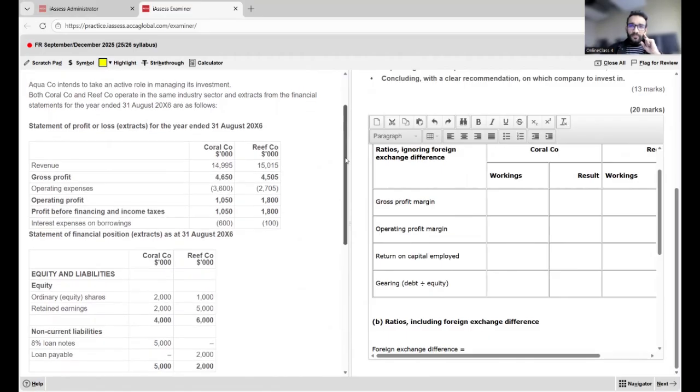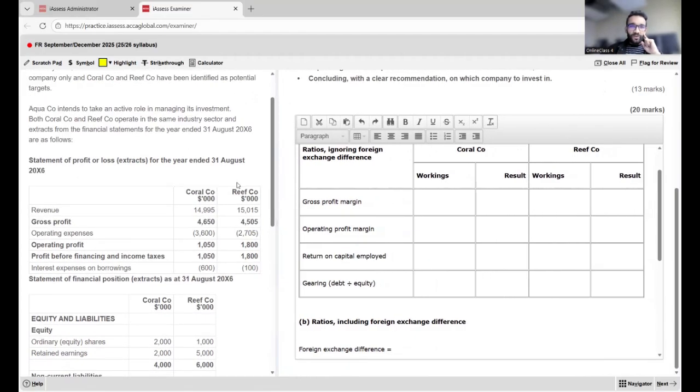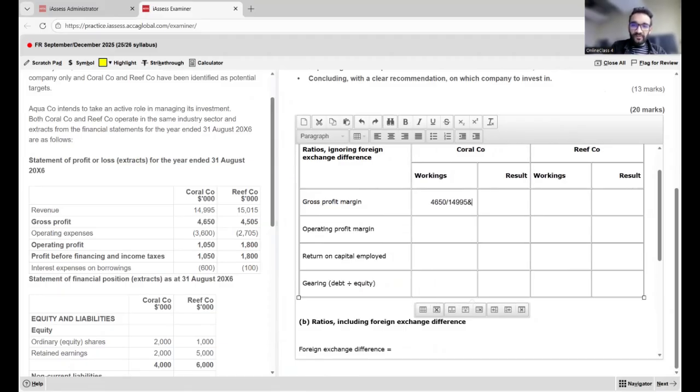Now, before making any adjustments, gross profit. It's in Coralco. So 4650 divided by 14995 into 100%. Right? Operating profit margin, this 1050, divided by revenue.